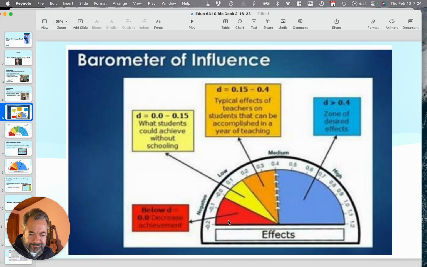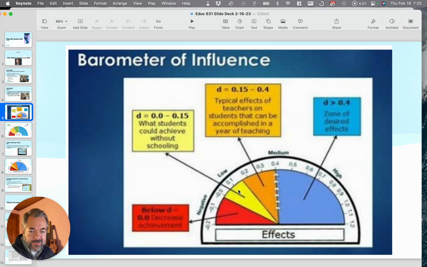So you see here, the decreased achievement is the red here. That yellow is what is going to happen without schooling, just by kids growing older by a year, because kids do grow. Their brains develop, and they have some sort of influence on their brain, in addition to the physiological piece.